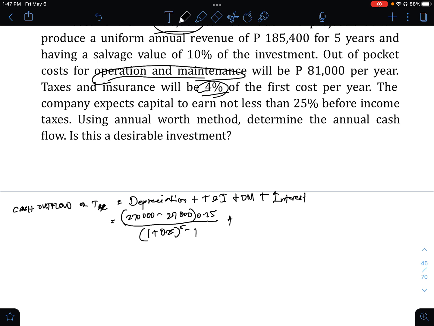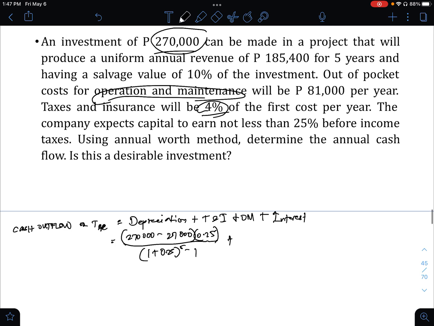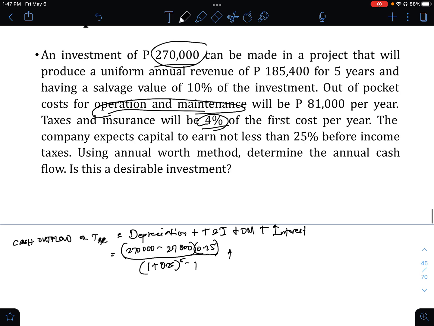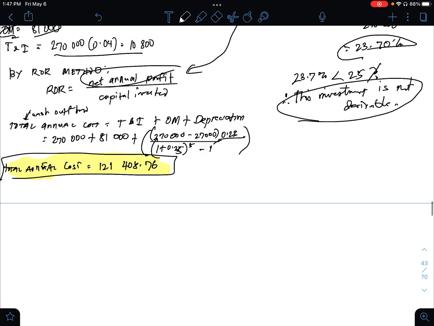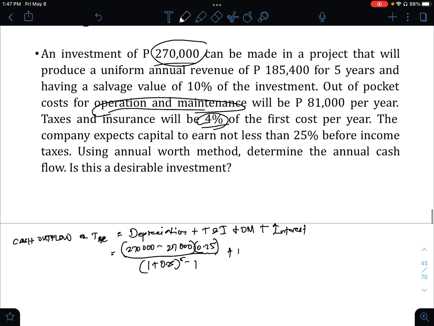Plus the tax and insurance, which is 4% of 270,000. I think I solved it earlier. 4% of this is 10,800, plus the operation and maintenance cost. How much? It's 81,000, plus the interest.